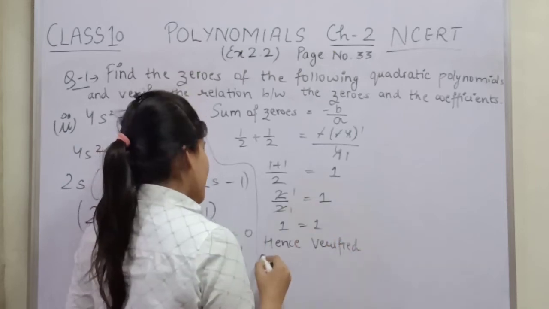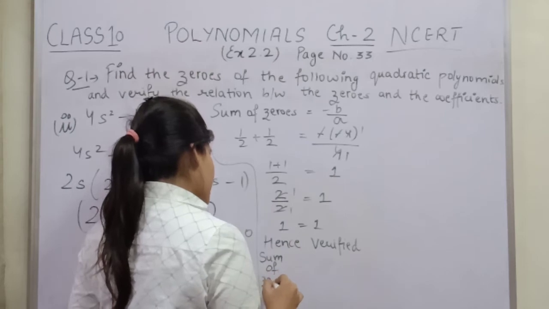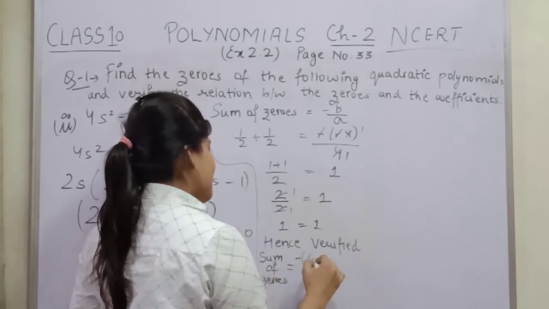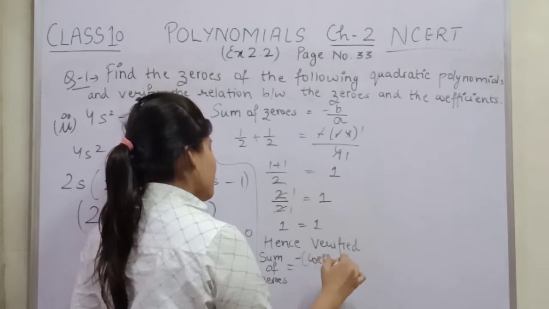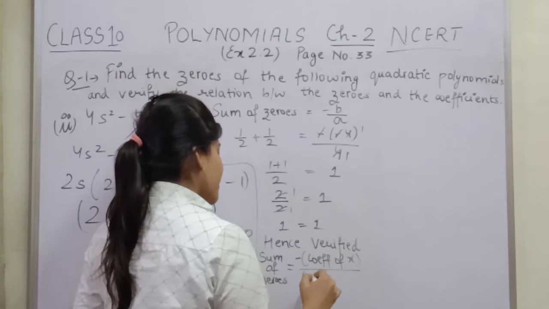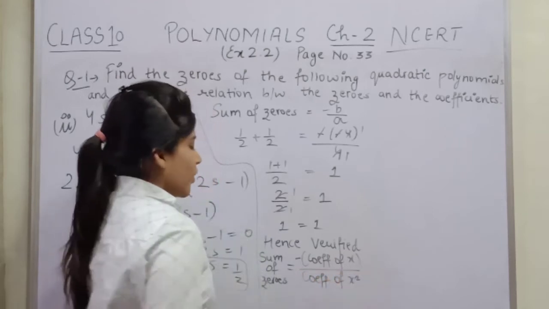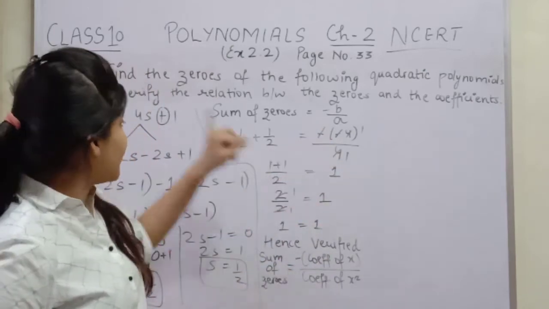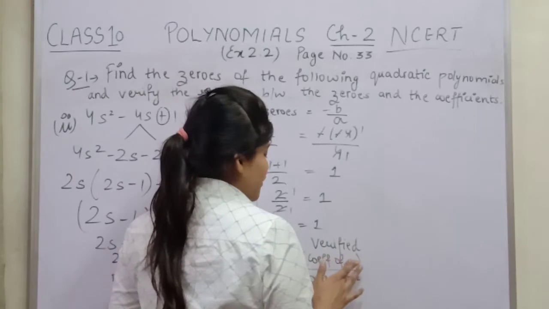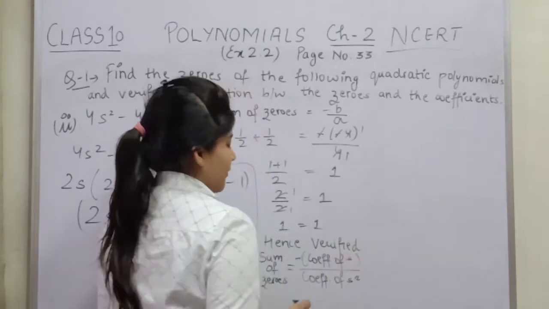And what can we say now? Sum of zeros equals to minus coefficient of x upon coefficient of x square. -b/a it was, right? -b is the coefficient of, in this case we can say s, coefficient of s upon coefficient of s square, right?